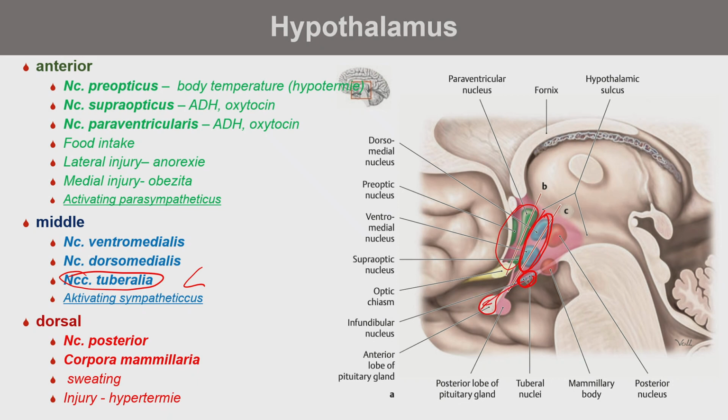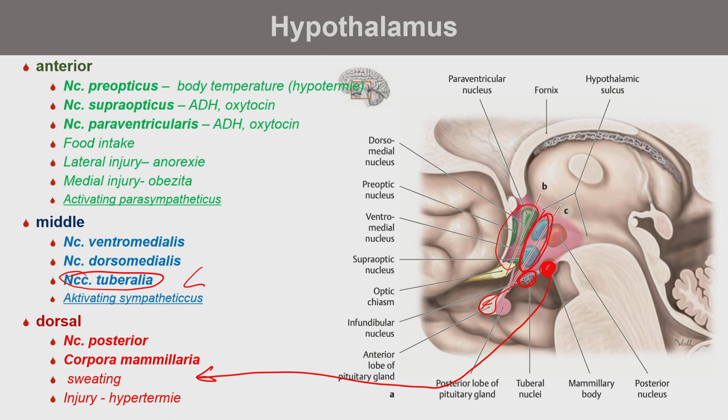And the last part, dorsal. This is nucleus dorsalis, dorsal nucleus, or nucleus posterior. And the second, two mammillary bodies. Mammillary bodies are interesting, important. They have input into the sweating glands, and when they are injured, those patients could have hyperthermia. Why? Because they have no influence on sweating, so they are not cooling the body.